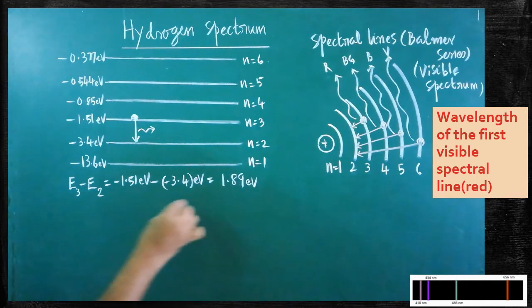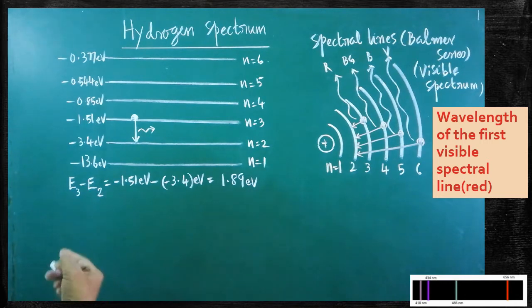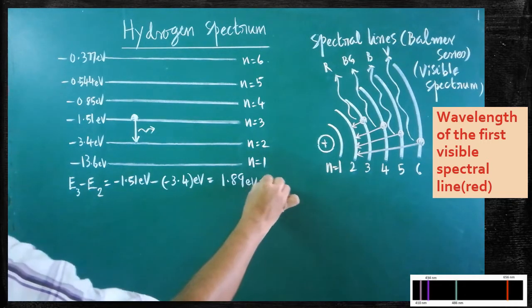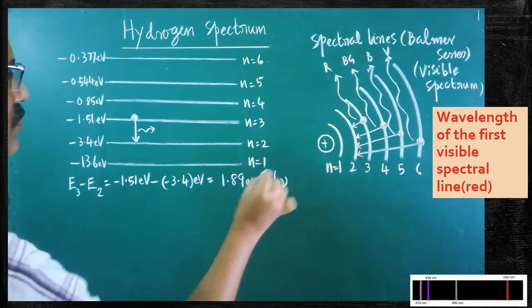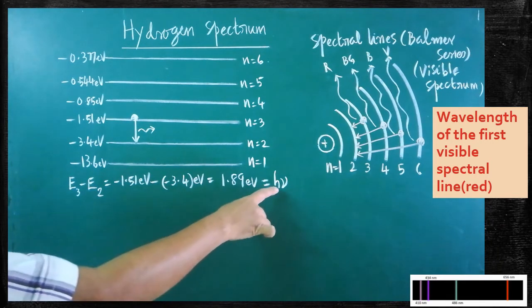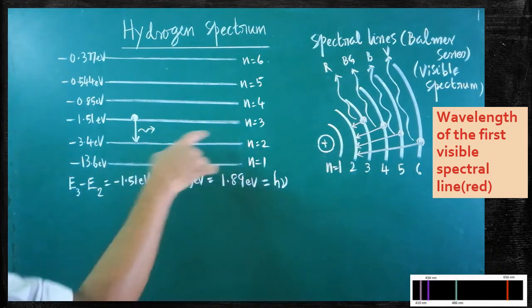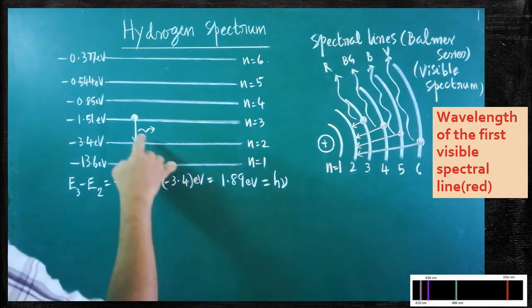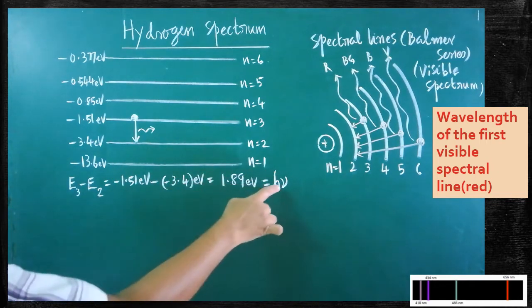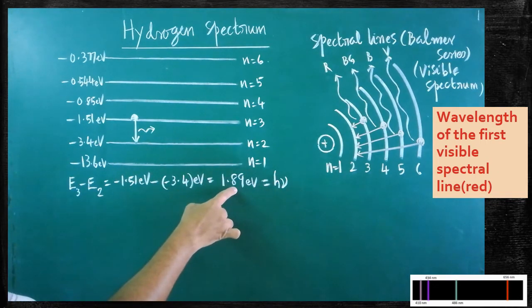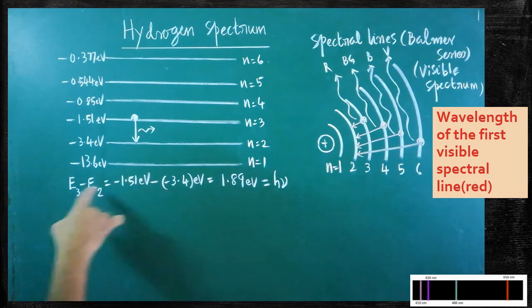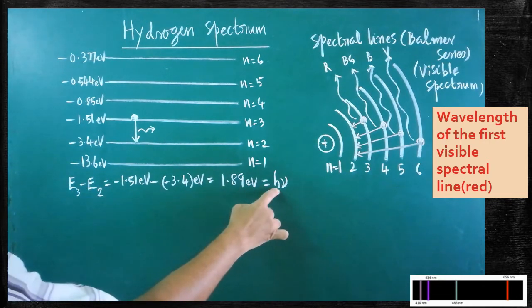From Bohr's postulate, this can be equated with what? h nu. h nu is the energy of the emitted spectral line, the emitted photon. So this energy difference, E3 minus E2, can be written as h nu.